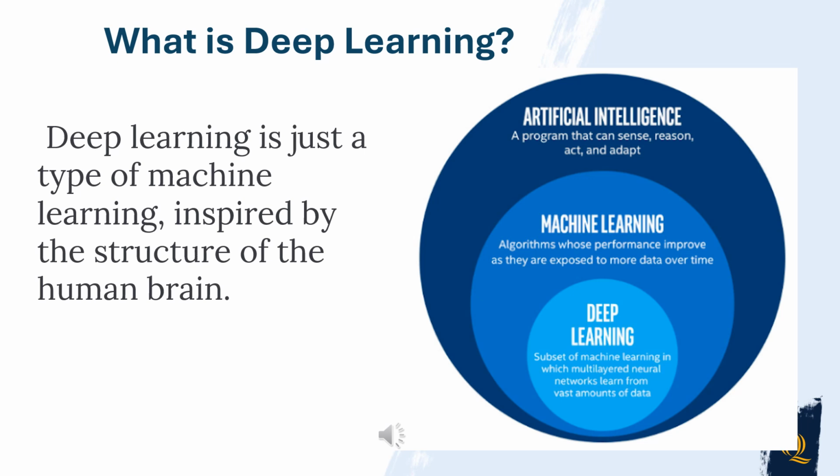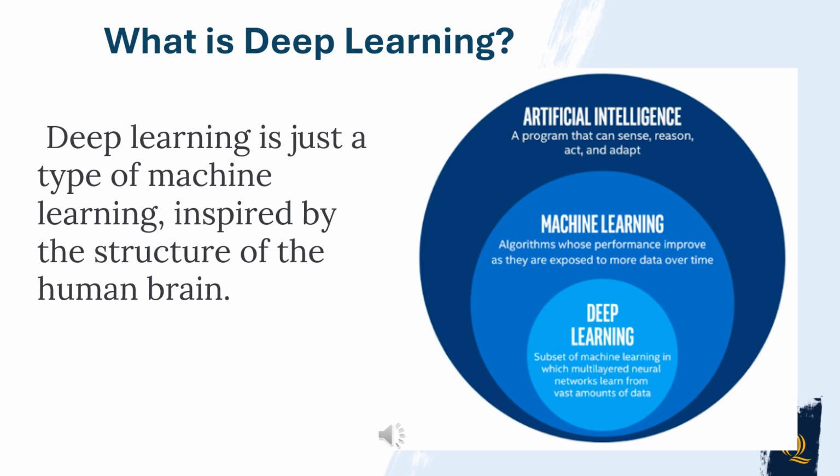Deep learning is a type of machine learning that takes this one step further. It is inspired by the structure of the human brain and uses neural networks, computational models made up of layers of artificial neurons that process a vast amount of data. By using multiple layers, deep learning models can identify intricate patterns in data, making them particularly effective in tasks like image recognition, natural language processing, and autonomous driving.